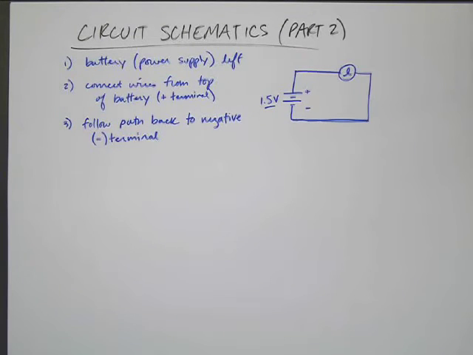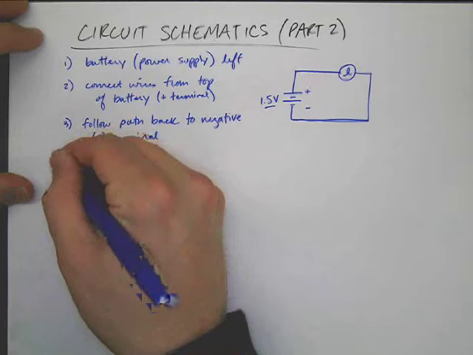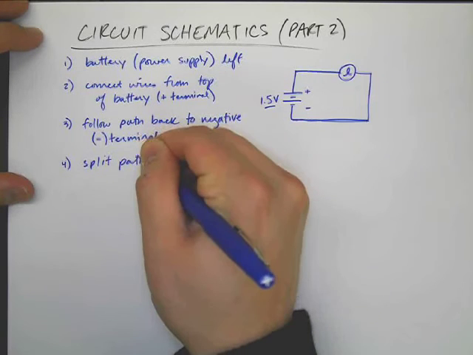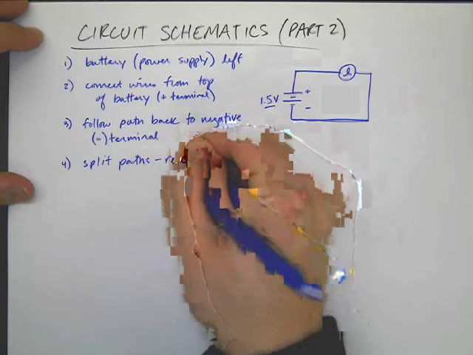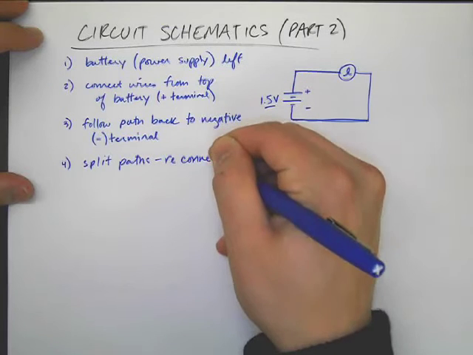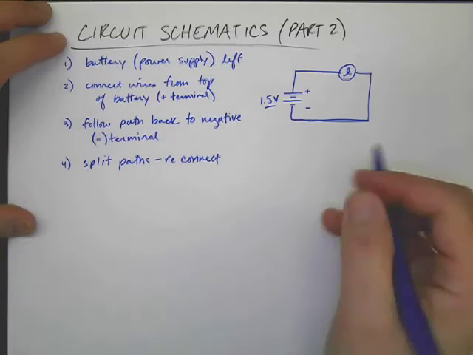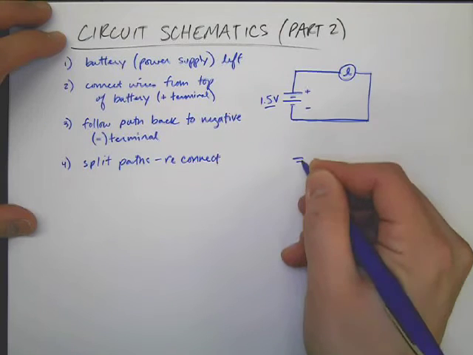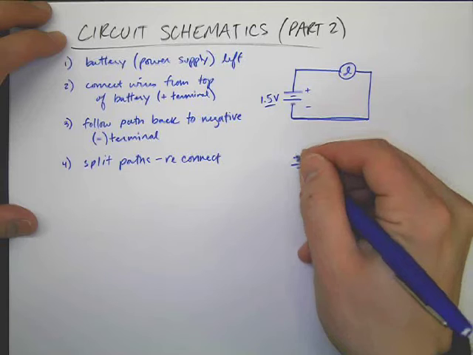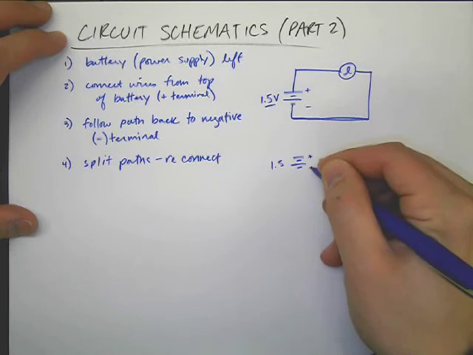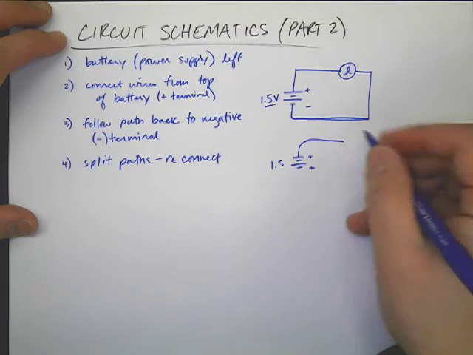Now there are some times when we split the paths. So split paths have to reconnect. And this could happen if, let's say we take our simple circuit here. Let's draw another one where we have multiple paths. So this time I'm going to connect my battery to a couple light bulbs.